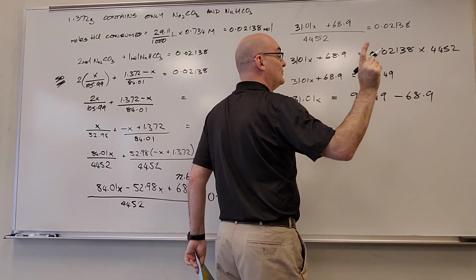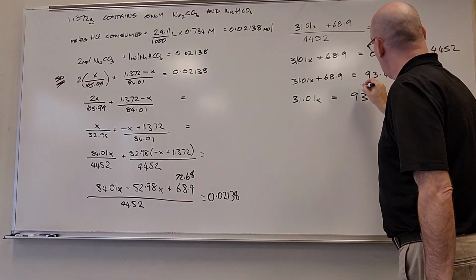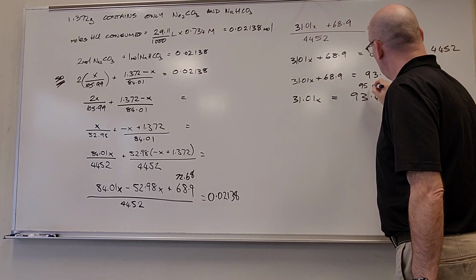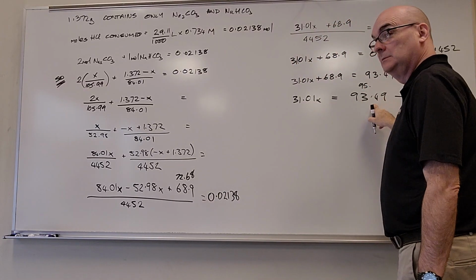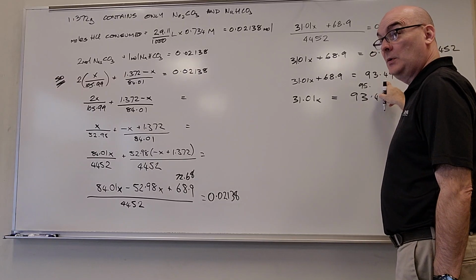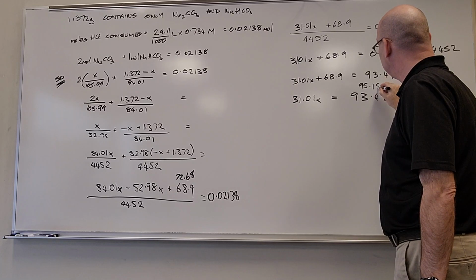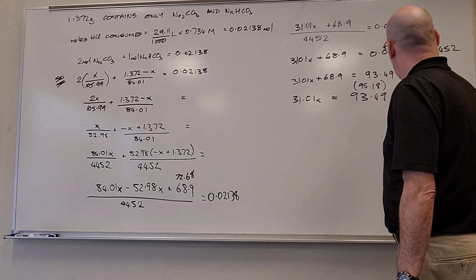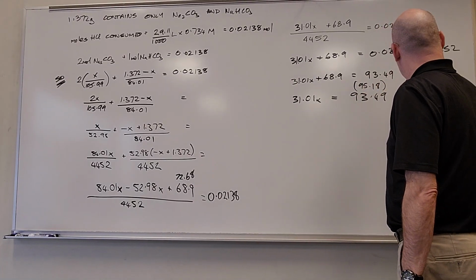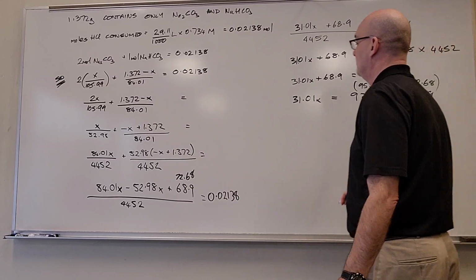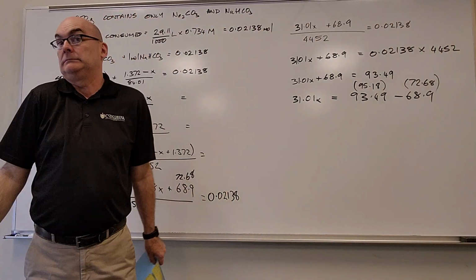So your two numbers now are what, 95.18 and 72.68, just in case. All right, so that would be our new set.